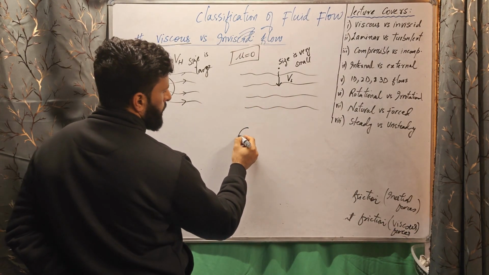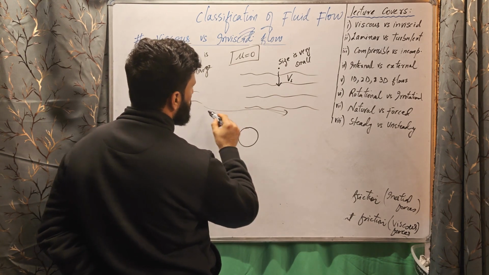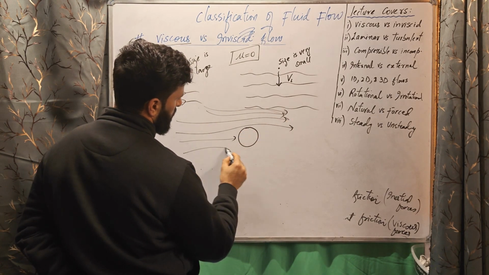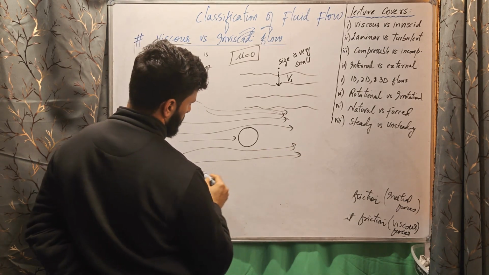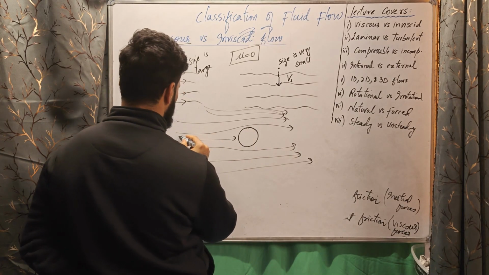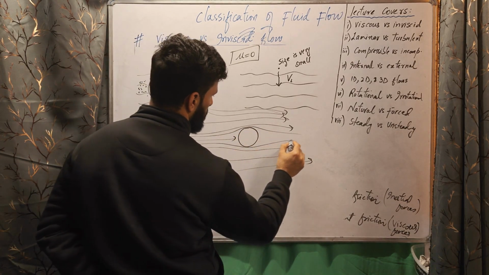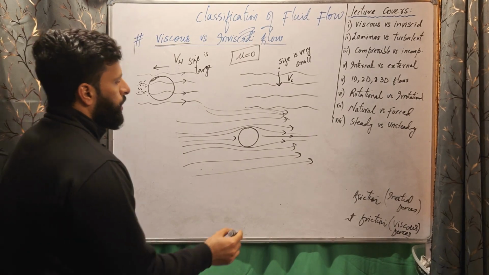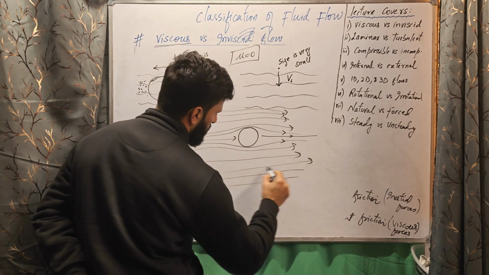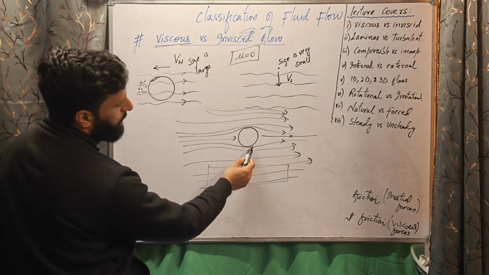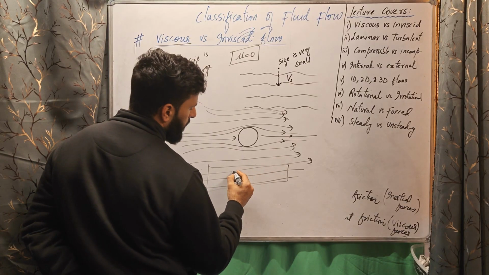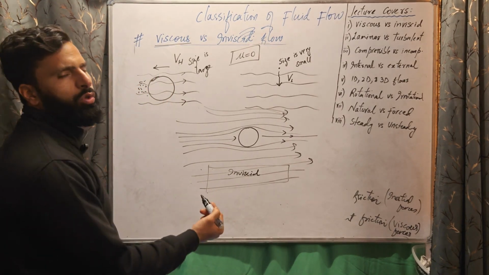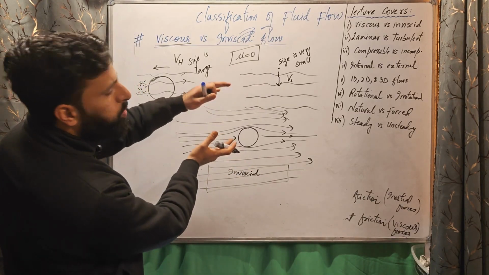For example, if this is a ball and air is flowing over it, and we talk about this region of flow which is away from the surface of the ball, this can be regarded as inviscid, provided the fluid does not have high viscosity in this particular case, because we are removing the effect of the ball, the size L effect.